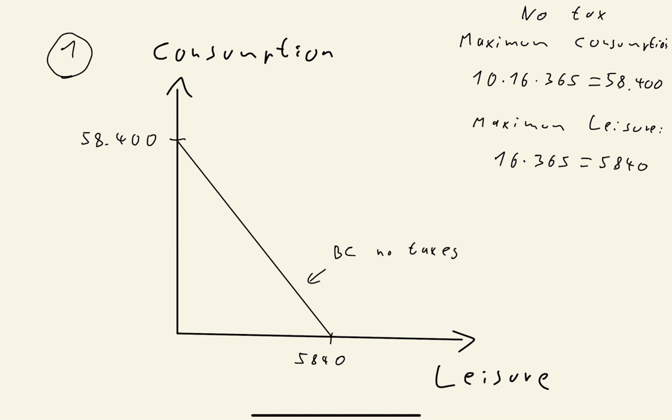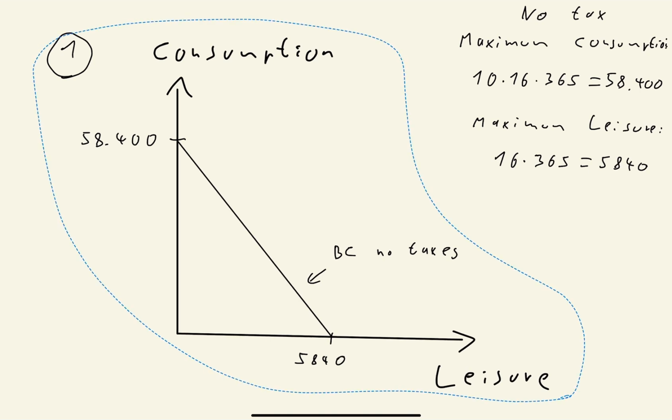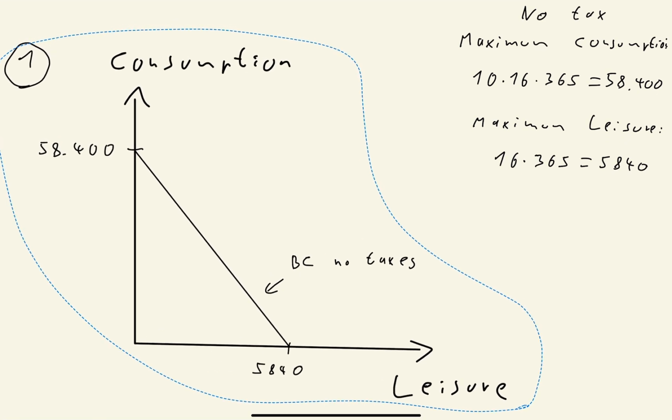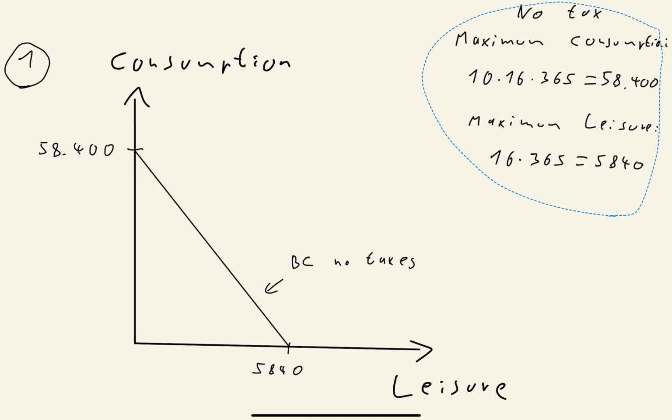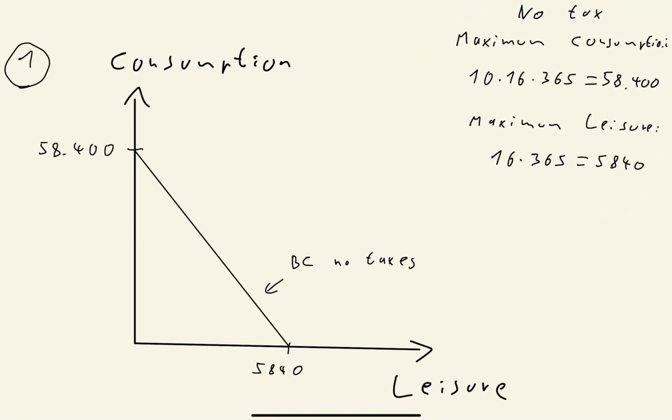So what happens if we now have taxes? For this, let me shift this a little bit to the left, so we have some space here on the right-hand side. And also let me make this a little bit smaller. Okay, it's more difficult than I thought. This should be fine.